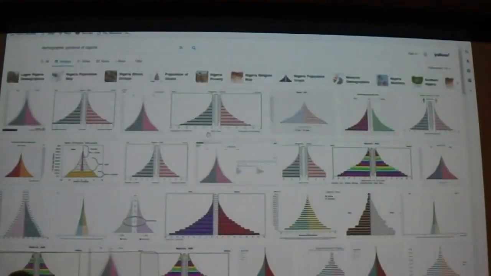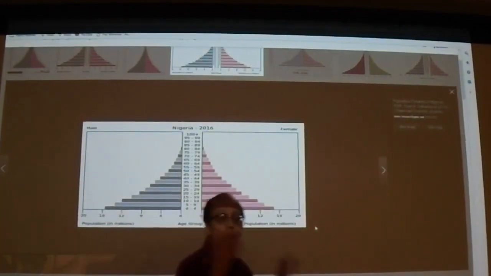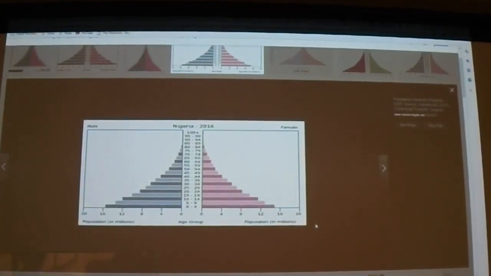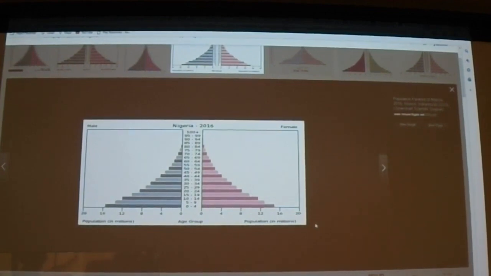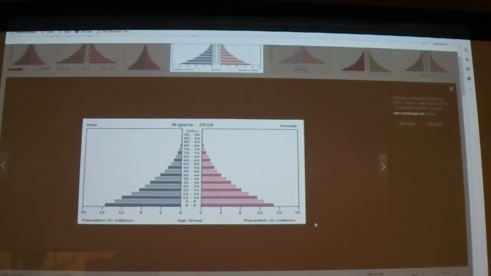Yeah, I was right. This is what you're looking for. You have relatively few old people and a lot of young people working, paying taxes to support the old people. This is a very healthy demographic pyramid. This is sustainable. The others are not. You can't have a bunch of old people with few young people. It's not going to work.